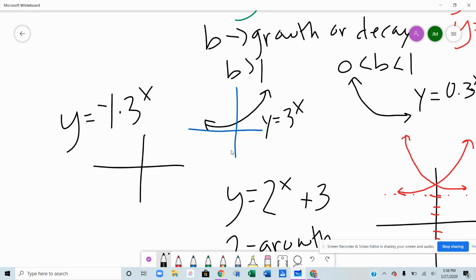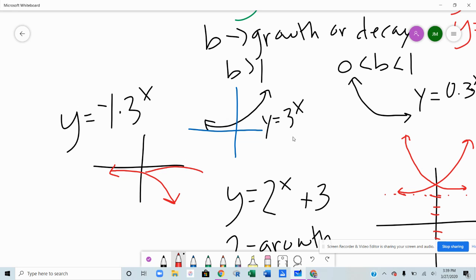So instead of being here and up, it flips it upside down. So it looks something more like this. It still never crosses at 0, but now instead of going up for our growth, it's going to go down.